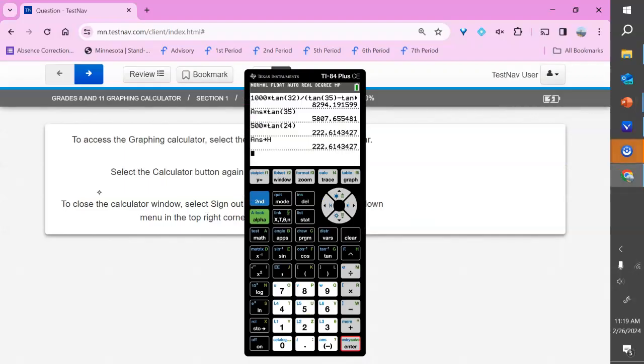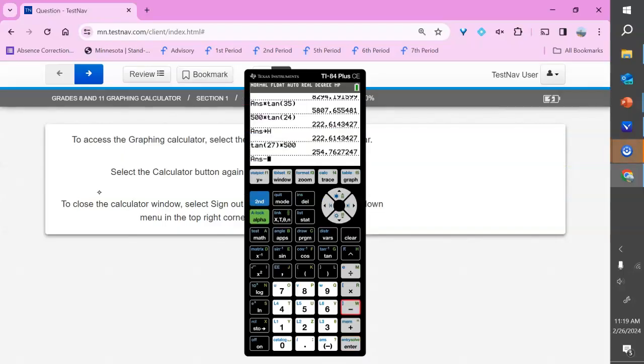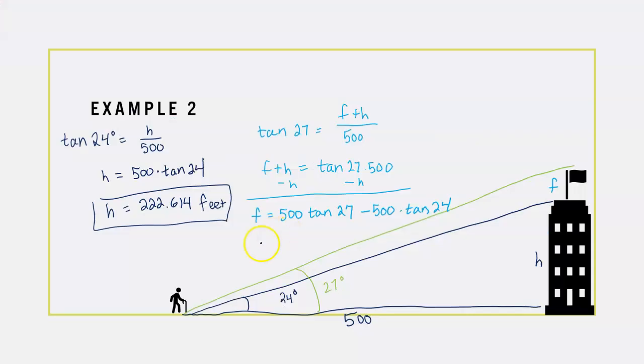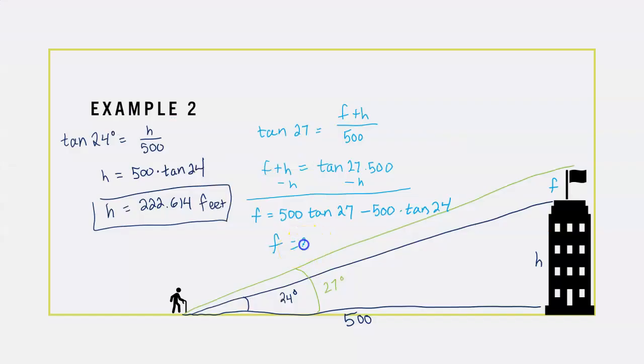Now I'm going to do tangent of 27 times 500. And then I'm going to subtract the height of the building. And that gives me the height of the flagpole. So the height of the flagpole is going to be 32.148. And that's also measured in feet.